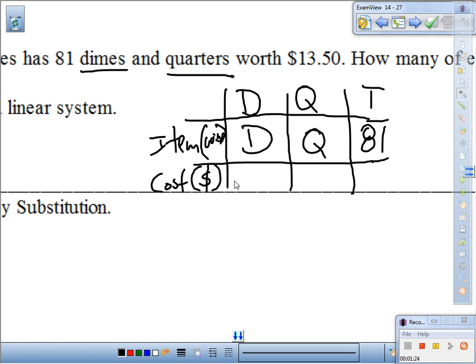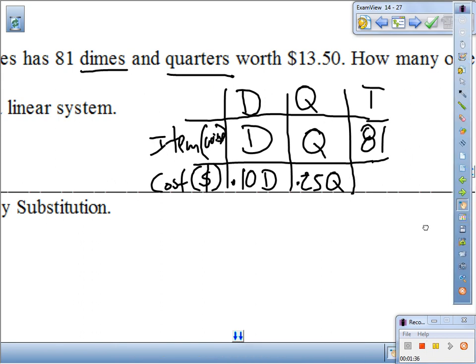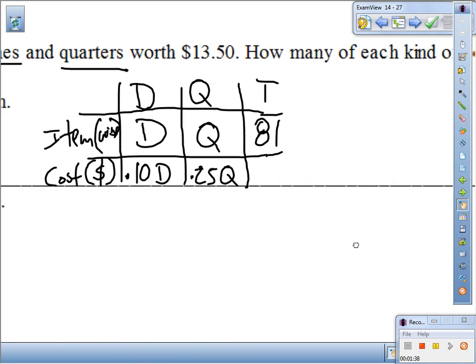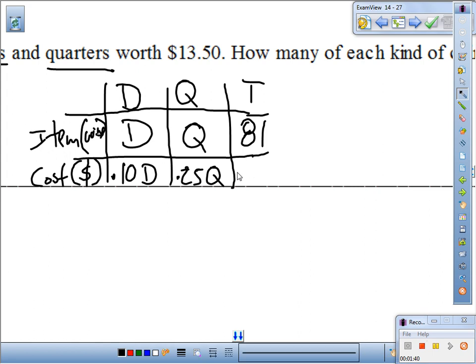Next, what's the cost of a dime? 0.10D. Of a quarter? 0.25Q. And what is the total cost that Andres has? That's $13.50. Let me zoom out.